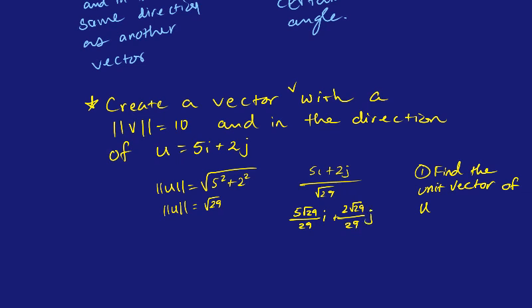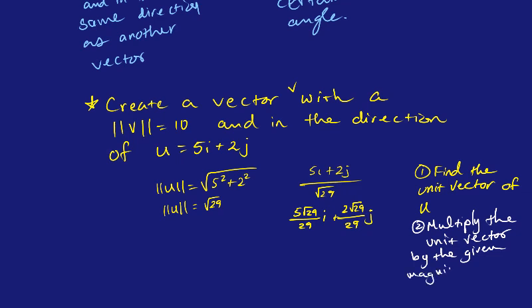Now that's the unit vector with a magnitude of 1, so multiply the unit vector by the given magnitude. I'm going to multiply by 10, because the unit vector of u has a magnitude of 1, and when you multiply by 10, it'll now have a magnitude of 10.